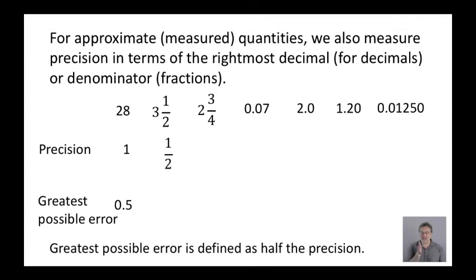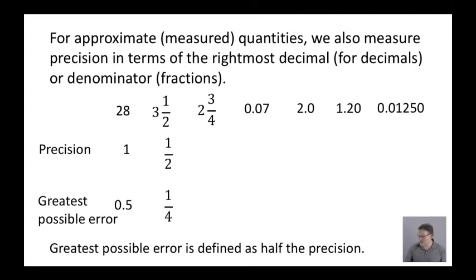Once again, that means that it might be anywhere from 3 1/4 to 3 3/4. Anything in that region would be rounded, if we were rounding to the nearest 1/2 of an inch, to 3.5 inches, which means our greatest possible error in either direction is 1/4 inch this way or 1/4 inch that way. Our greatest possible error, once again, is half the precision or 1/4.